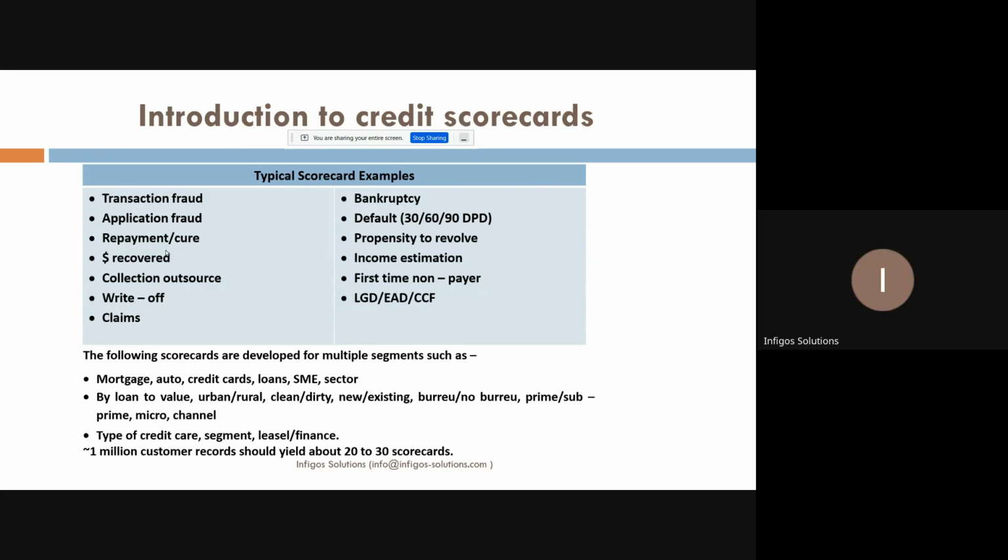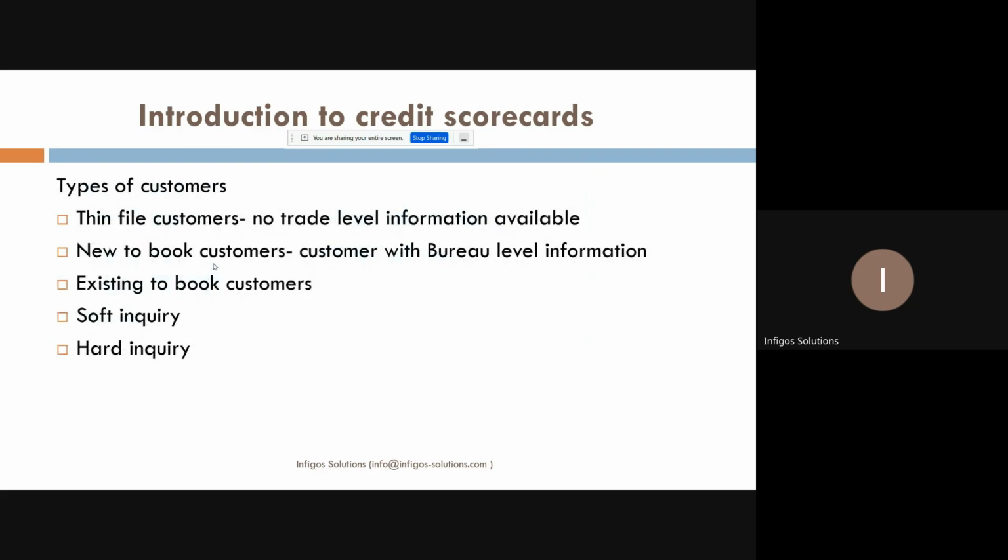The kinds of customers are thin file customers, where we don't have trade information, new to the book customers, and customers with only bureau information. Thin file and new to book customers are almost similar; the difference is only that you have bureau data on some customers, otherwise you don't have anything for them. Then there are existing book customers, and then there's soft inquiry.